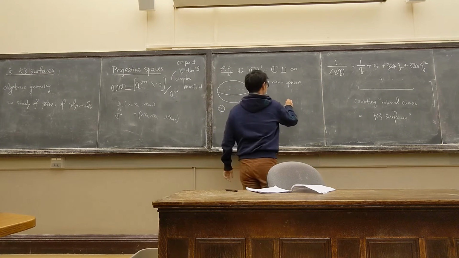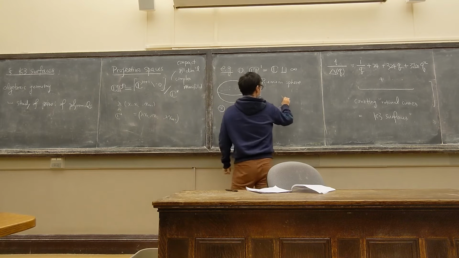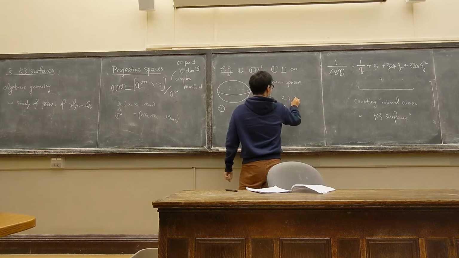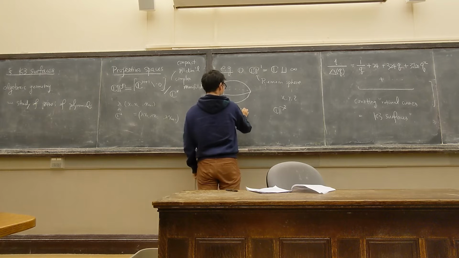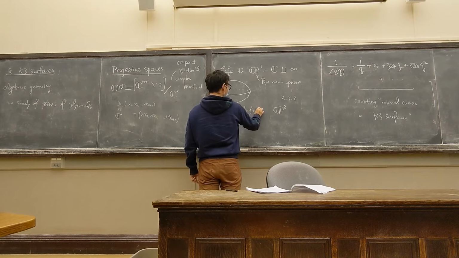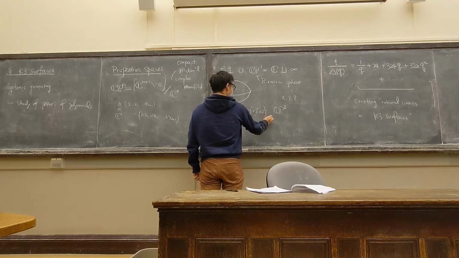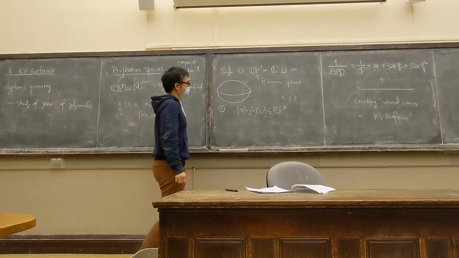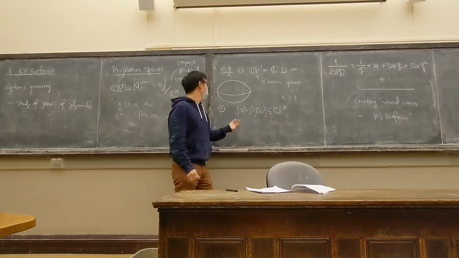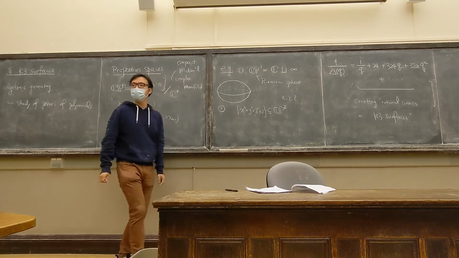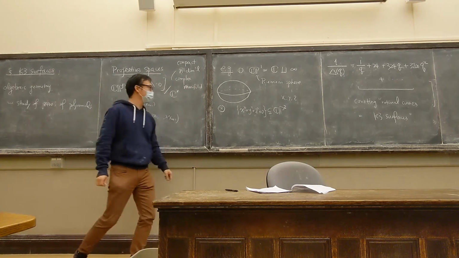And we use the homogeneous coordinates x, y, z here. Now we can define the zeros of x squared plus y squared plus z squared equal to 0. Okay, so we consider all points satisfying this equation. Natural question is, what is this?